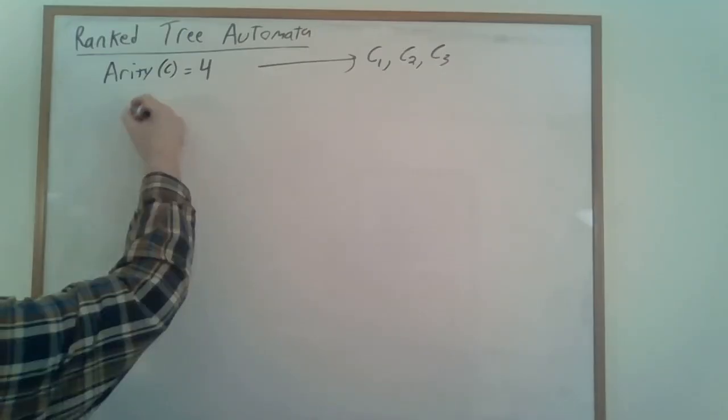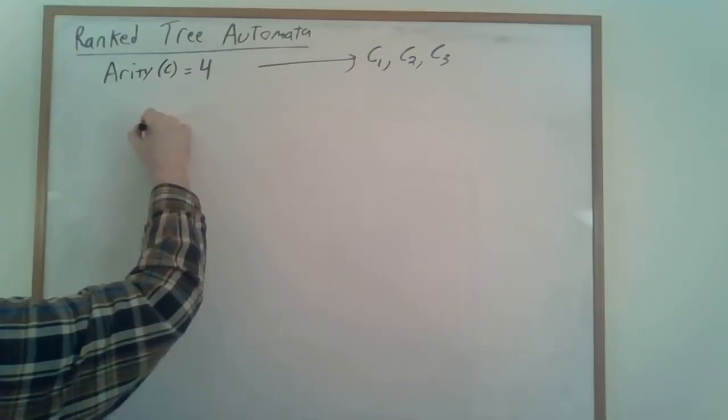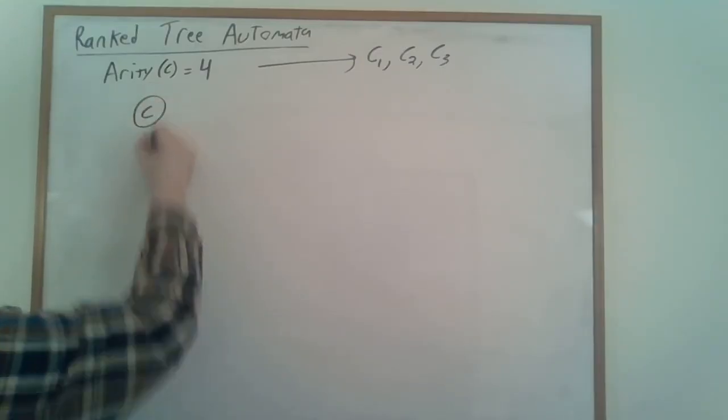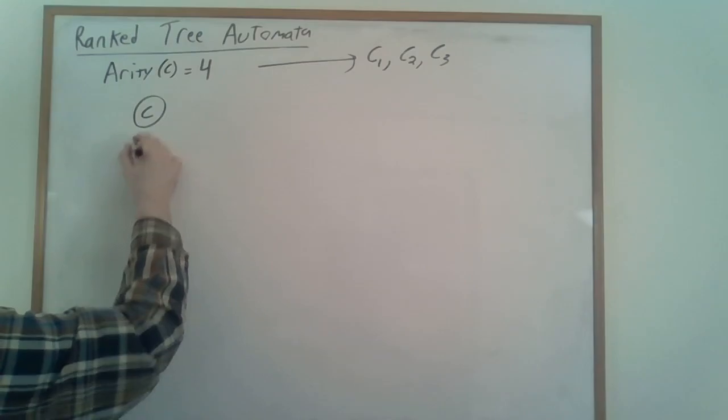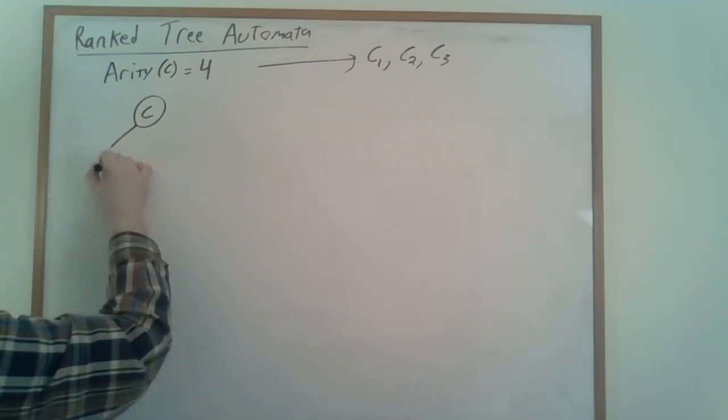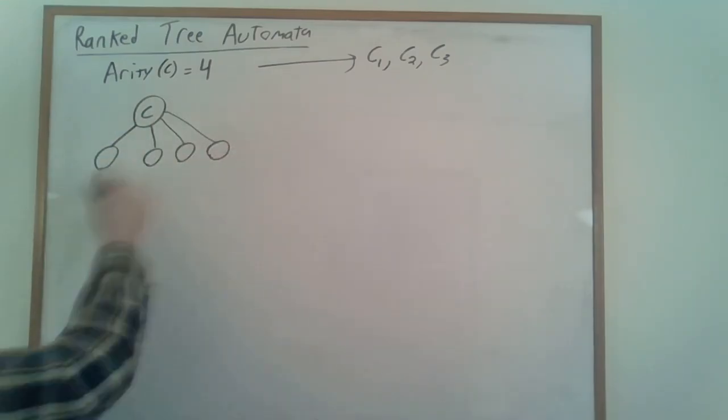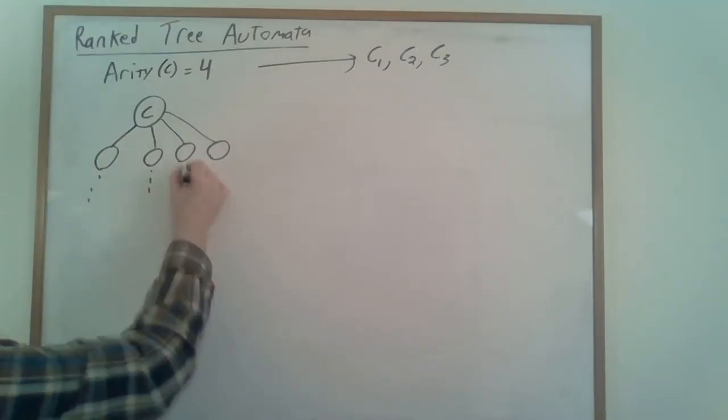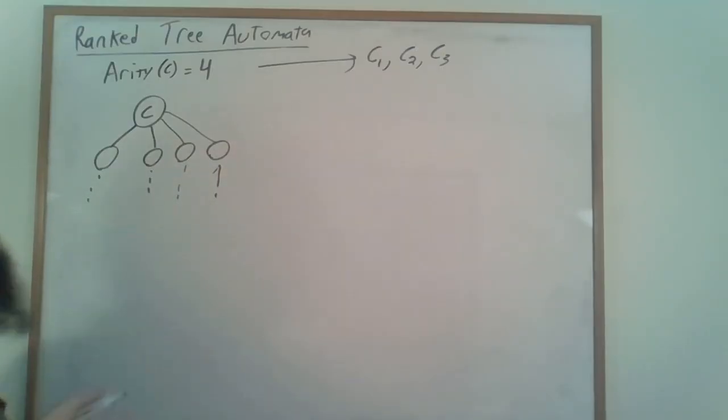And the way this is going to work is that suppose that we have some node labeled C in our ranked tree that has 4 children. And those children might also have children of their own.